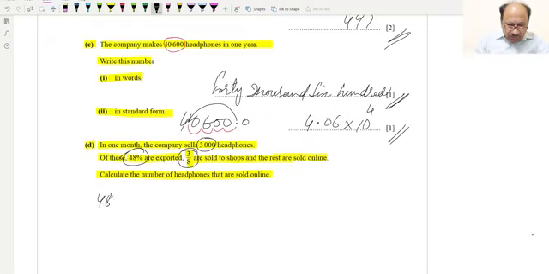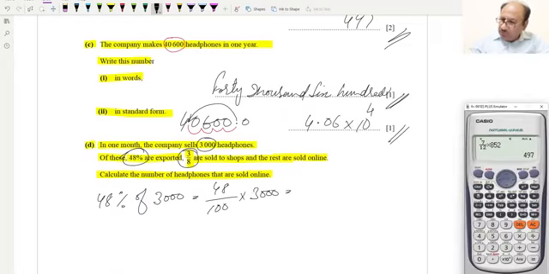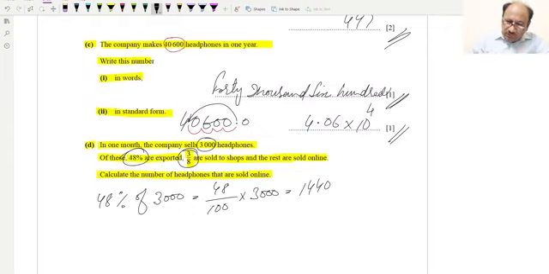So 48% of 3000 will be equal to 48 over 100 multiplied by 3000, and this will be 1440. 1440 is exported.